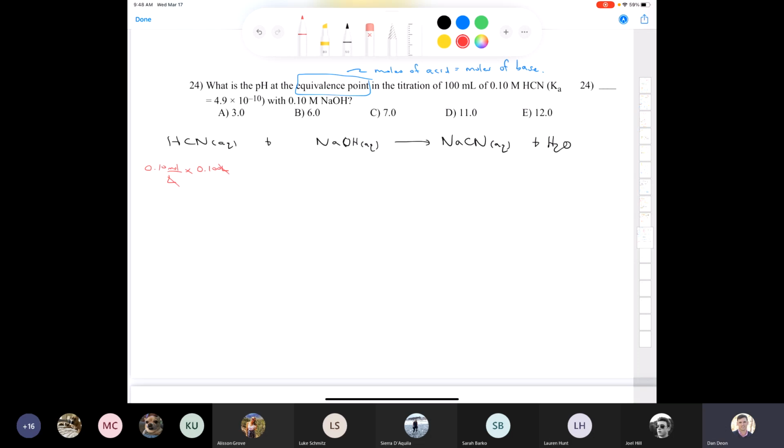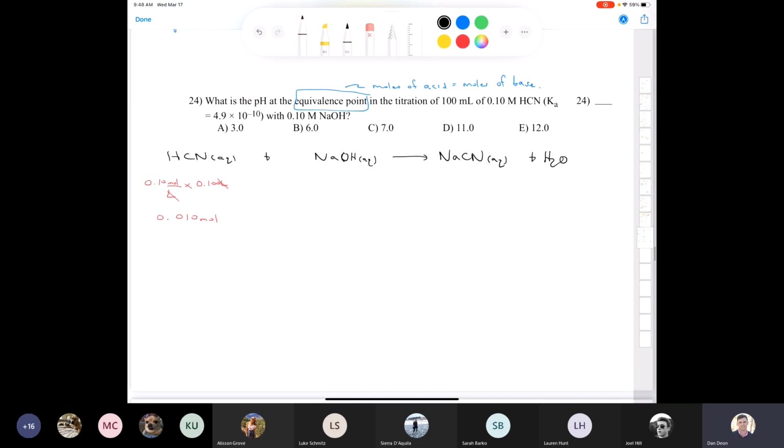We end up with 0.010 moles. That's how much we're starting out with for hydrocyanic acid. Now it's telling us that we're at the equivalence point. So just by that definition, we know that the number of moles of sodium hydroxide is going to be the same, 0.010 moles.